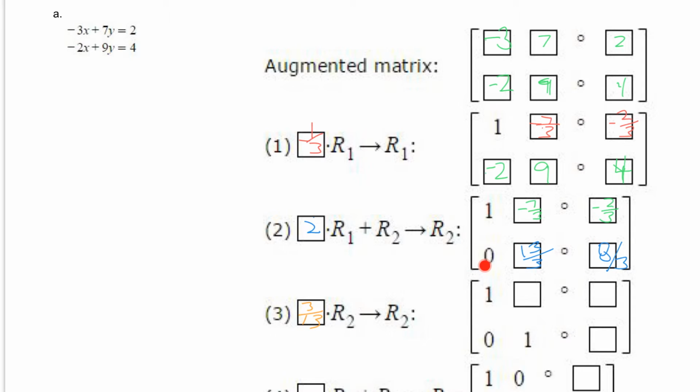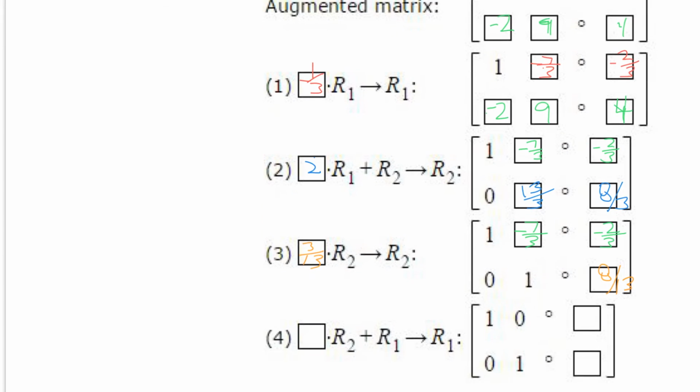Well, 3 over 13 times 0 is still 0. 3 over 13 times 13 over 3 gives me my positive 1. And then 3 over 13 times 8 over 3 will give me 8 over 13. So this number here is 8 over 13. My first row I didn't change at all, so it's still negative 7/3 and negative 2/3.